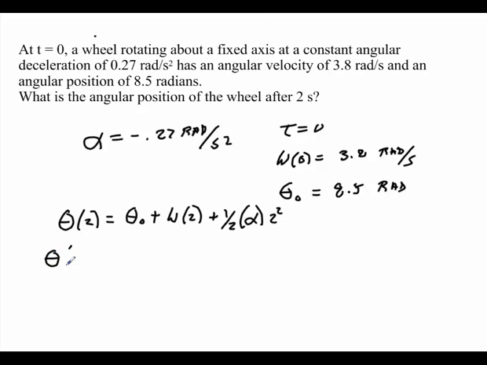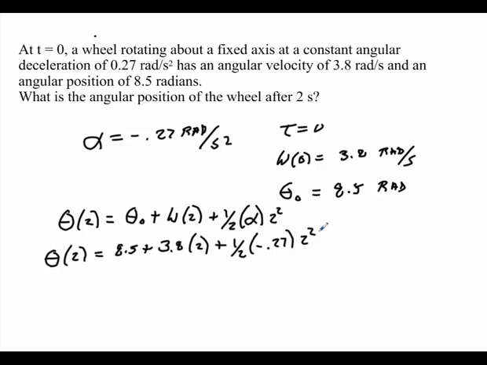Our position at 2 is equal to our initial position, which is 8.5, plus our angular velocity, 3.8 times 2, plus 1/2, and make sure you make that negative 0.27 times 2 squared.